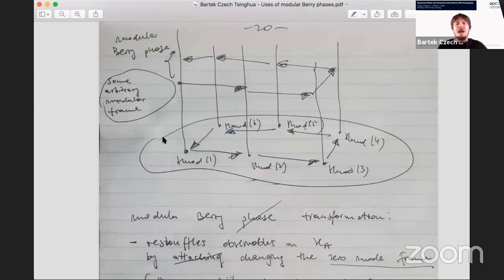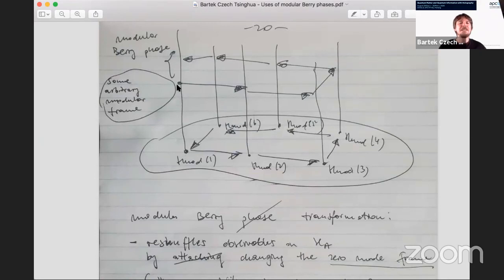So this is a picture that we should have in mind at all times. The setup is the same as the setup we had for Berry phases, but now in the base I have different modular Hamiltonians. I'm going from one modular Hamiltonian to a second one, to a third one, to a fourth one, and so on. I'm going to form some closed loops.